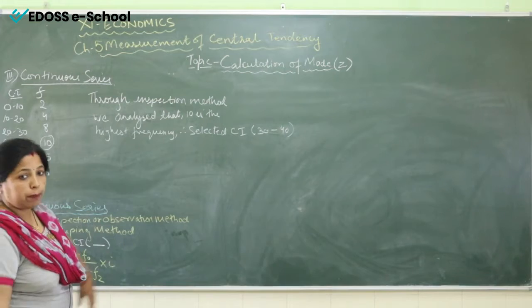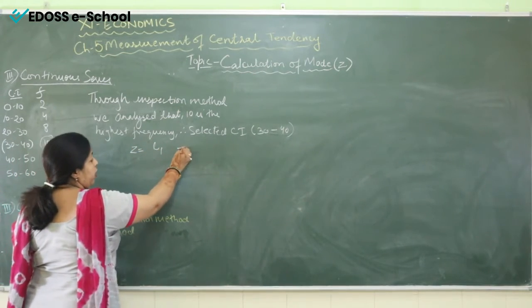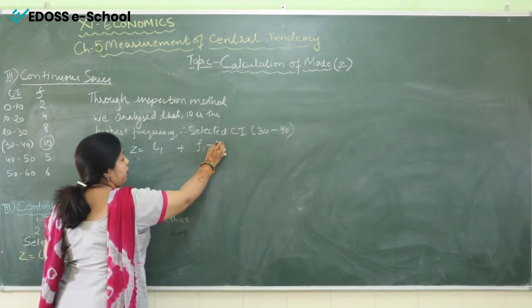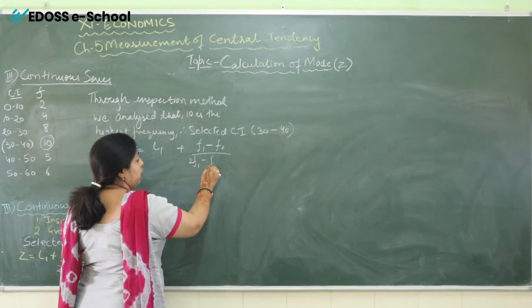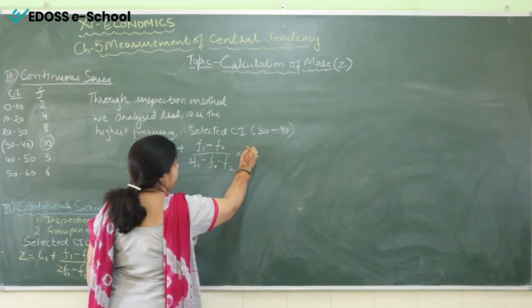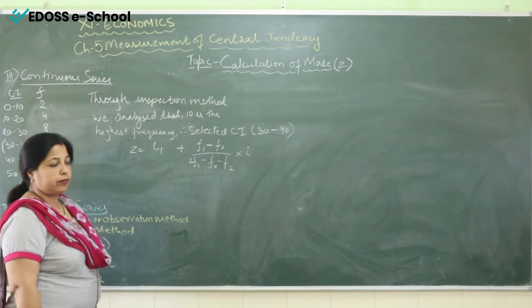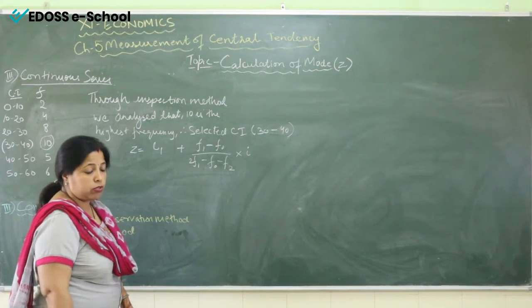So now we are going to apply the formula, and the formula is Z is equal to L1 plus (F1 minus F0) upon (2F1 minus F0 minus F2) into I. Fine. Now let us put the values in it. How to select the values?